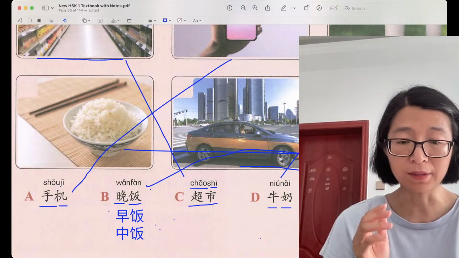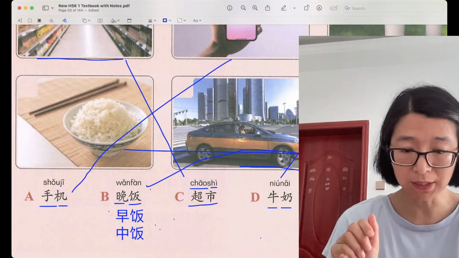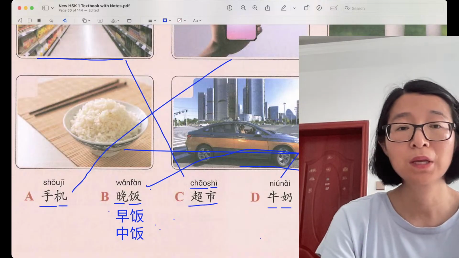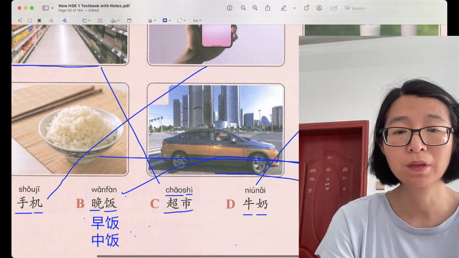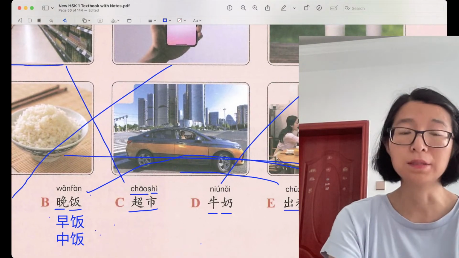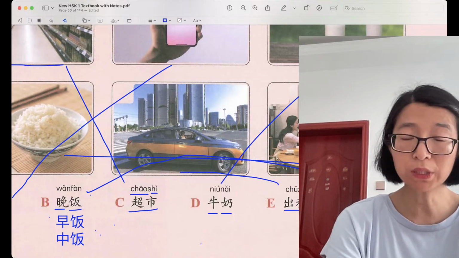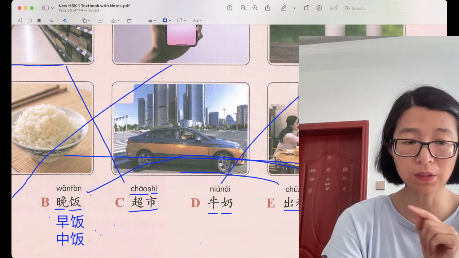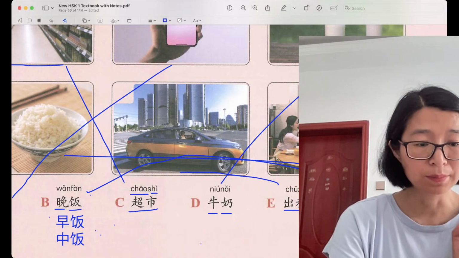Second, 晚饭, dinner. 超市, supermarket. 牛奶, milk. 出租车, taxi.